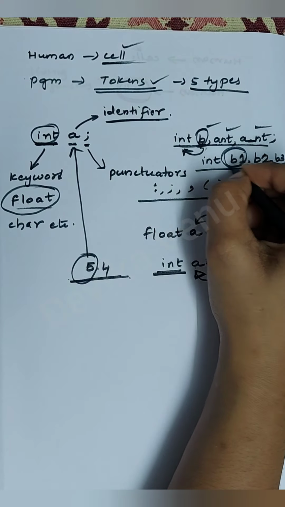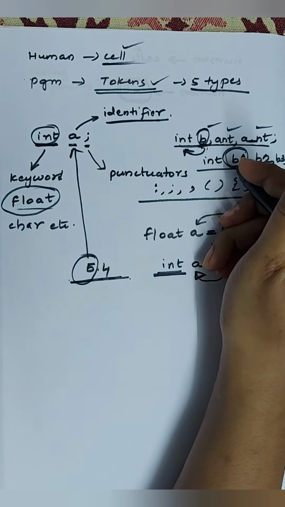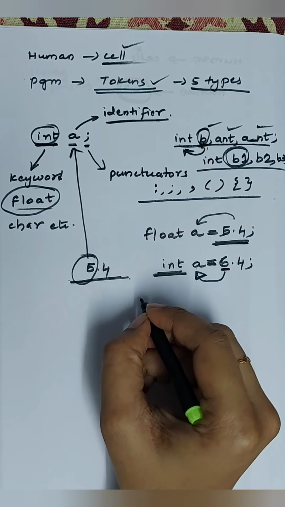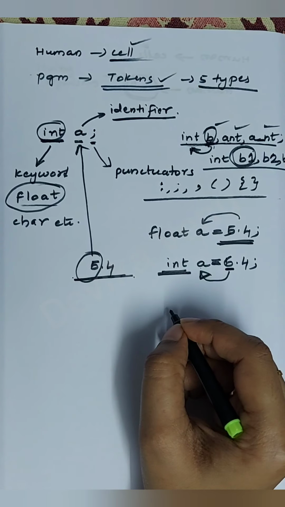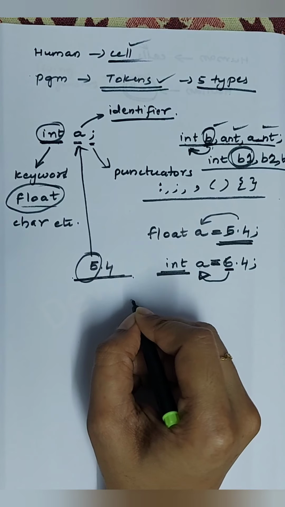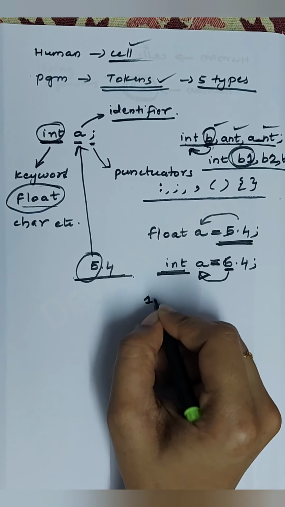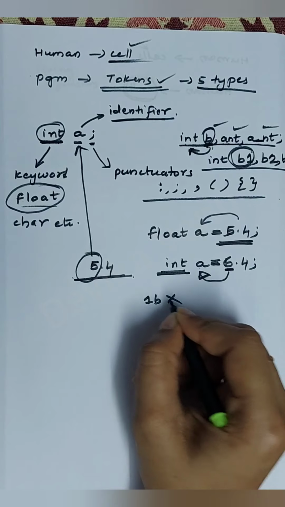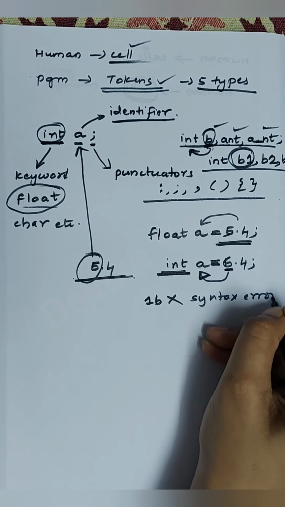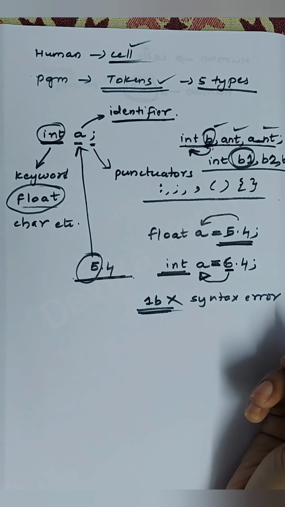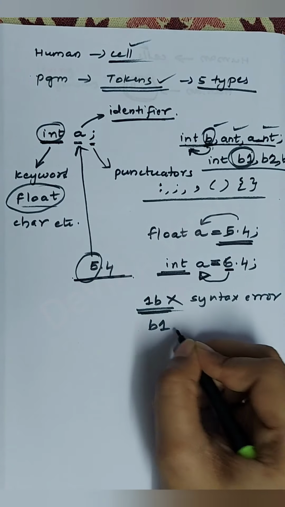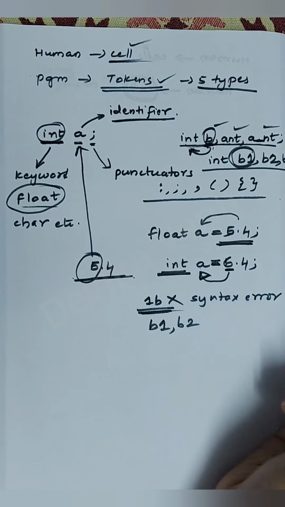I have used a combination of a letter and a number. So there is one rule for declaring an identifier, that it should start with a letter. You can't start with 1b like that. It will show a syntax error. You can't declare a variable like this. It should start with a letter, that is b1, b2. You can declare like this.